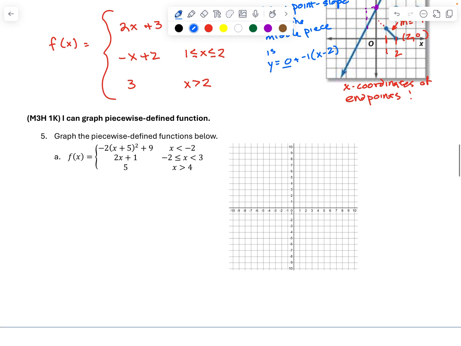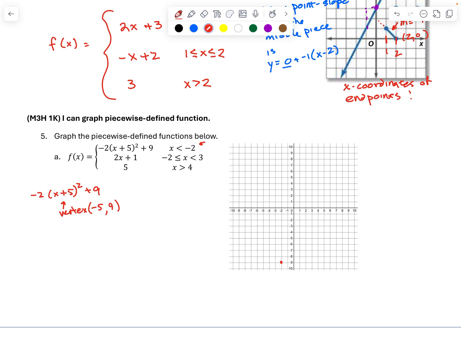Okay, graph the piecewise function. What do we have? The first part is a parabola. Plot -5, 9 if that's in there. Trace at -2. If you graph on the calculator, you can make your life a lot easier.